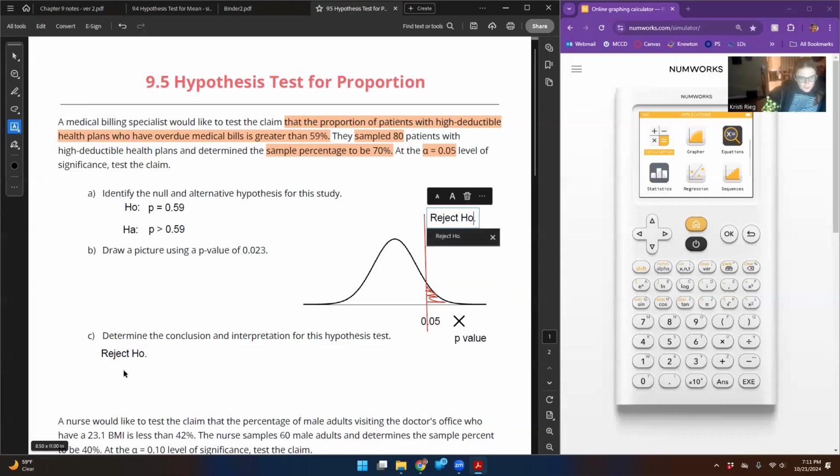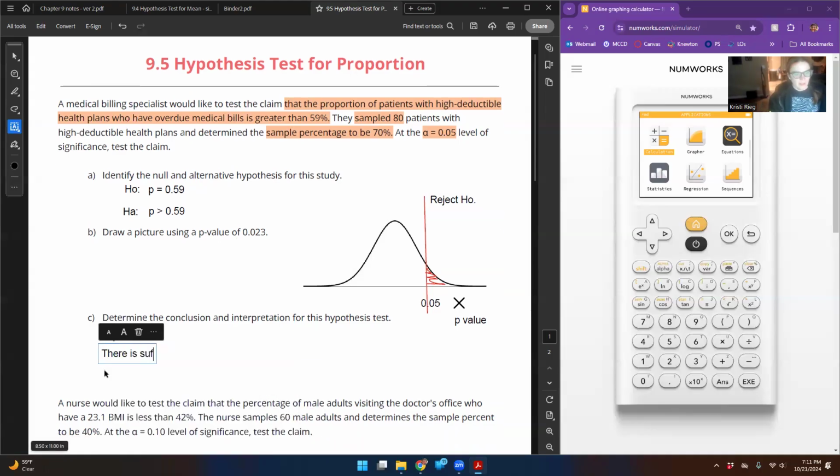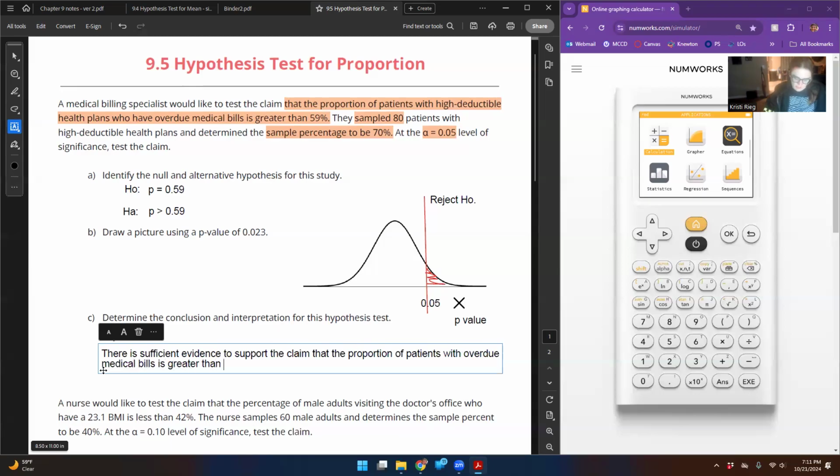Okay, when we reject the null, that means there is sufficient evidence to support the claim that, now can I abbreviate this, the proportion of patients with overdue medical bills is greater than 59%.